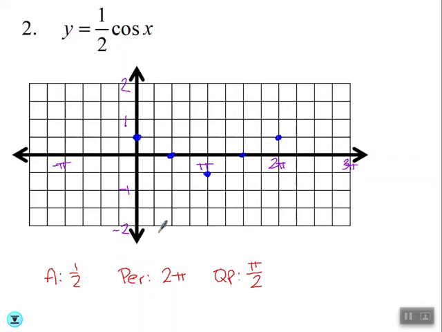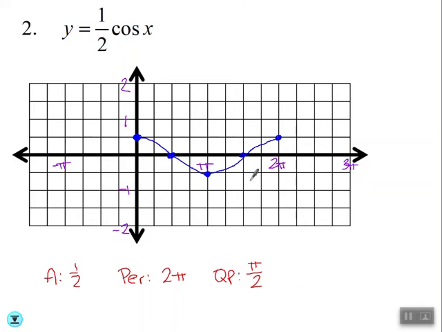And I just connect these points to create my curve. Just to note, remember that these are curves. Your graphs should not look like a V, they should be curved.